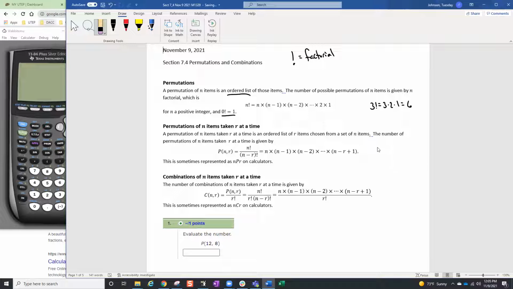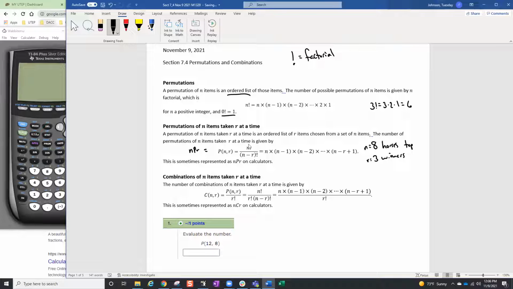So say there are 8 horses. We want the top 3 winners. So n equals 8, R equals 3, and we'll use this formula, also known as nPr.